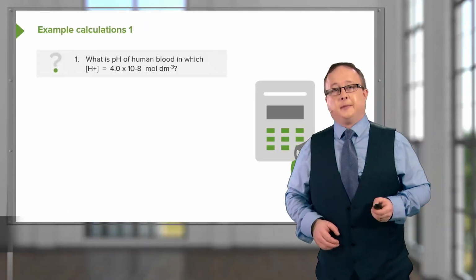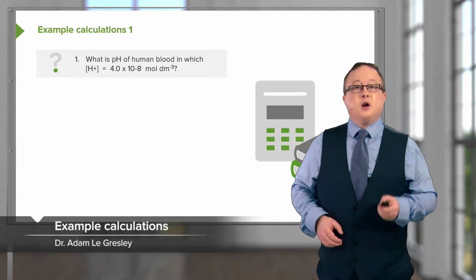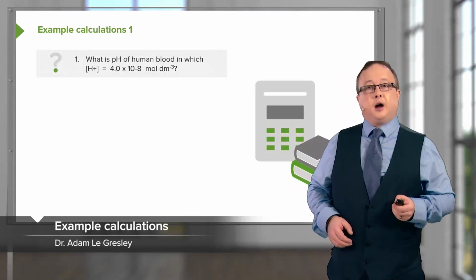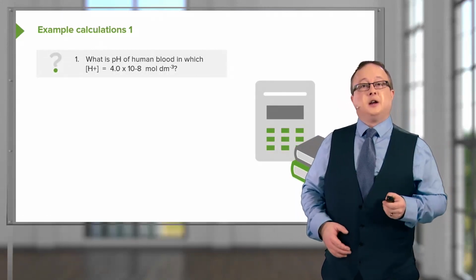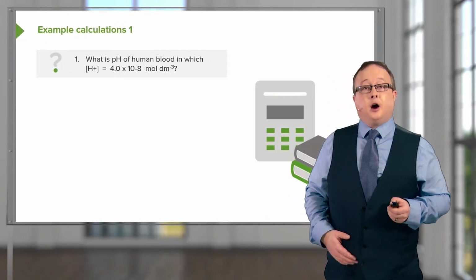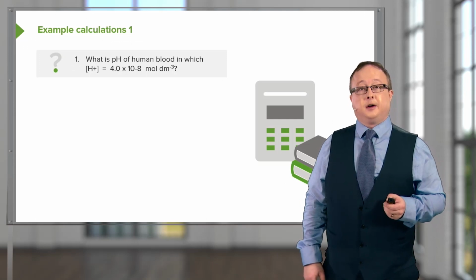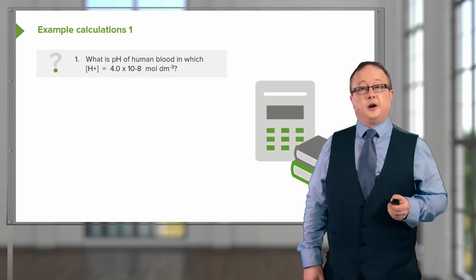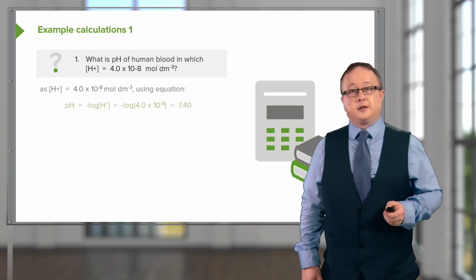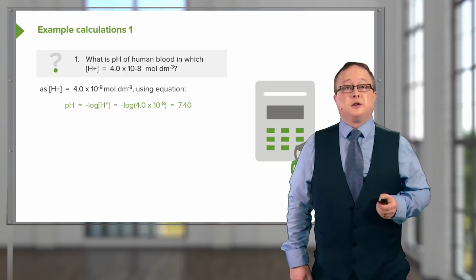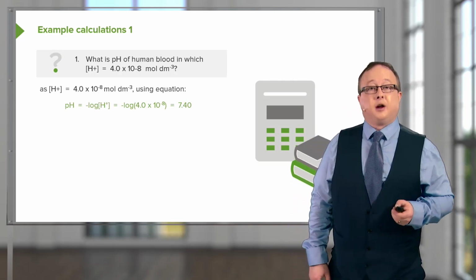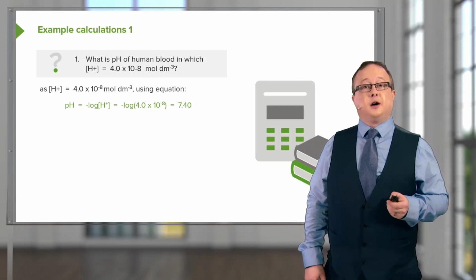So let's have a look at some example calculations. What is the pH of human blood when H+ is equal to 4.0 times 10 to the minus 8 moles per decimeter cubed? Okay, this is a molar concentration. So let's see how we would work this out. First and foremost, we have our concentration of H+. So relatively all of it's been done for us.